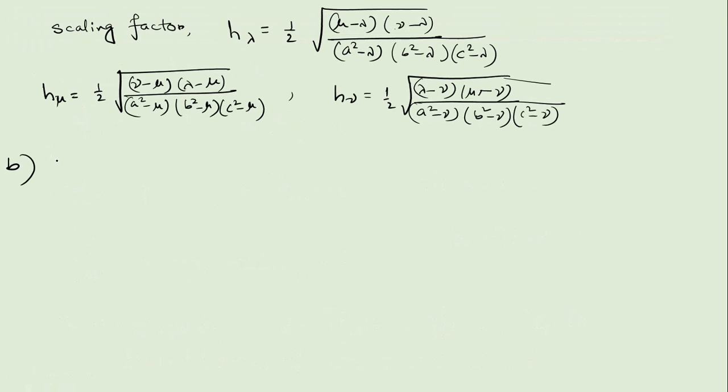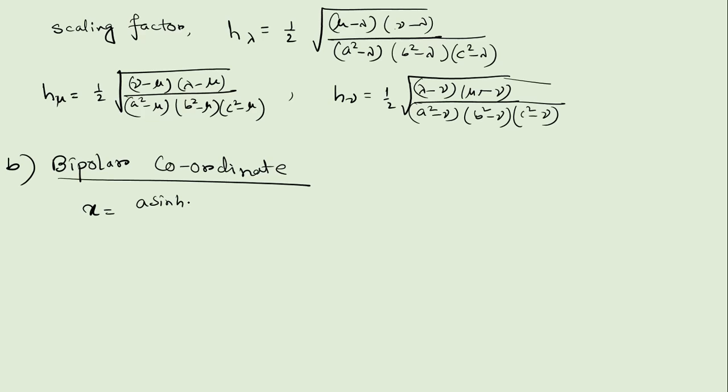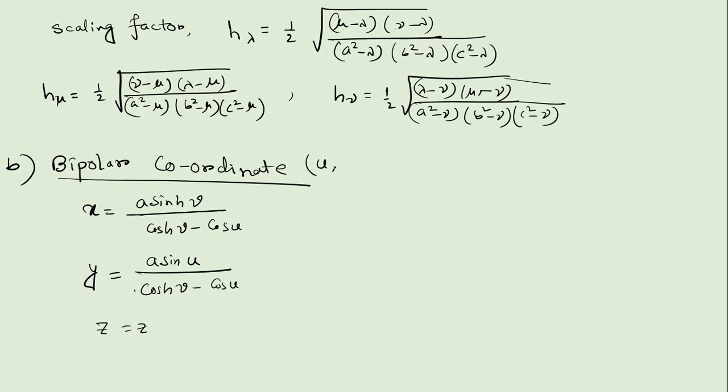For the bipolar coordinate system, you know, x will be a sinh v by cosh v minus cos u, and y will be a sin u by cosh v minus cos u, and z will be z. This is written as u, v and z.